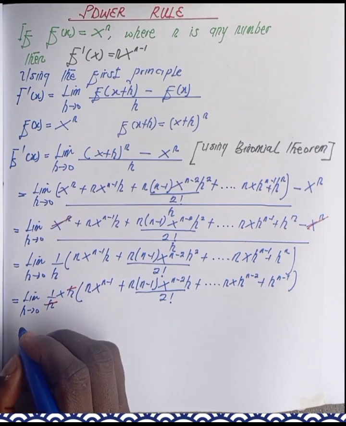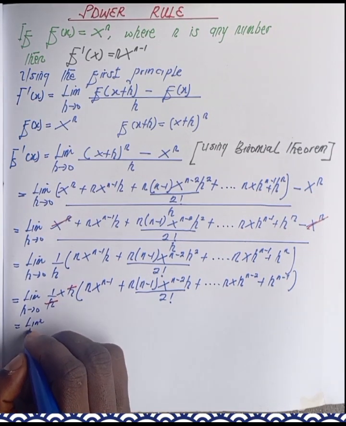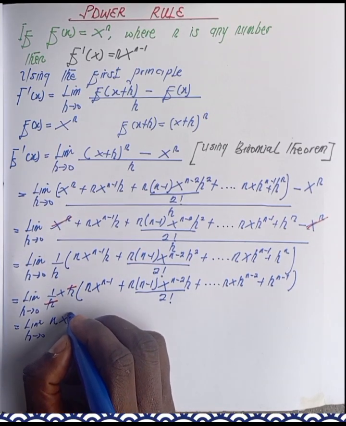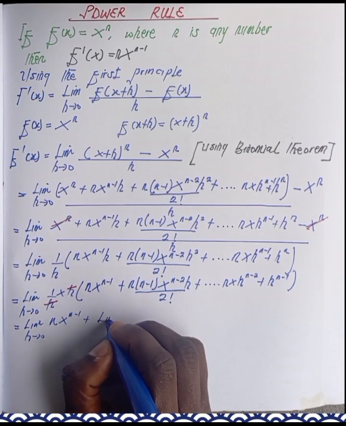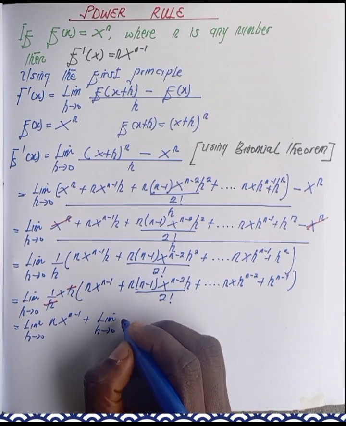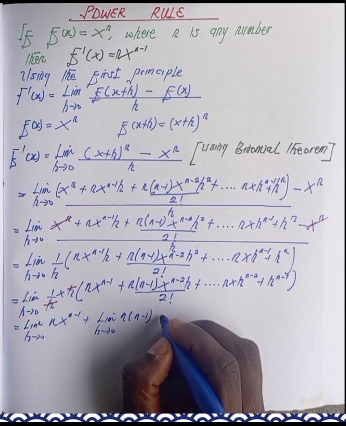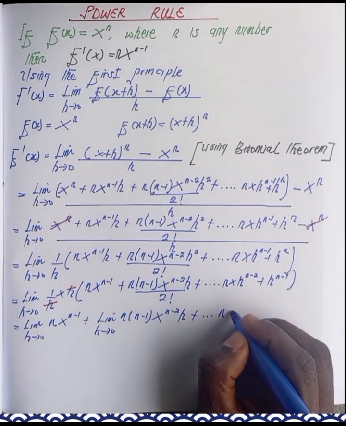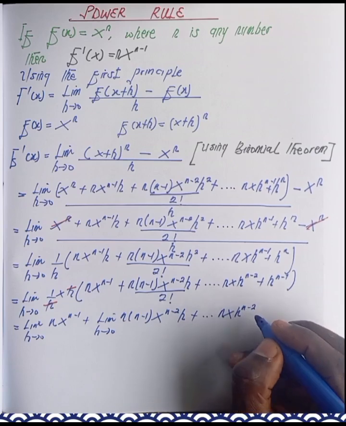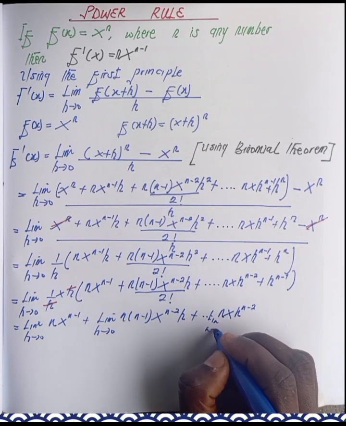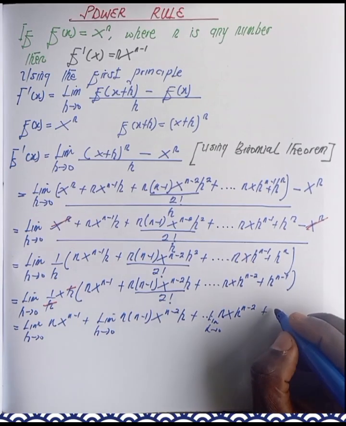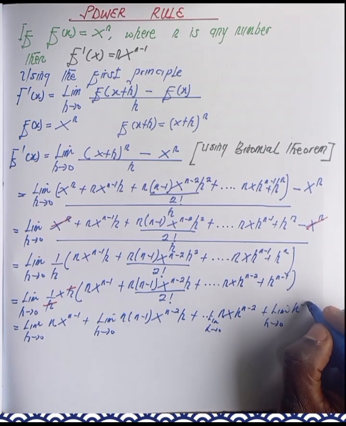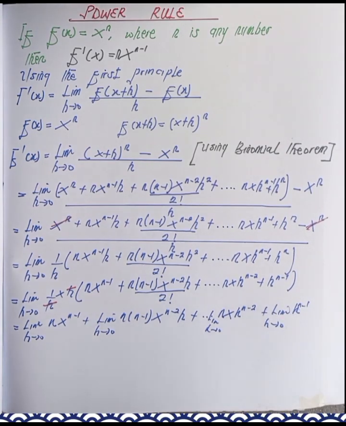Now we are left with the limit as h approaches 0 of nx^(n-1) plus the limit as h approaches 0 of n(n-1)x^(n-2)h plus nxh^(n-2), we are taking the limit, plus the limit as h approaches 0 of h^(n-1).